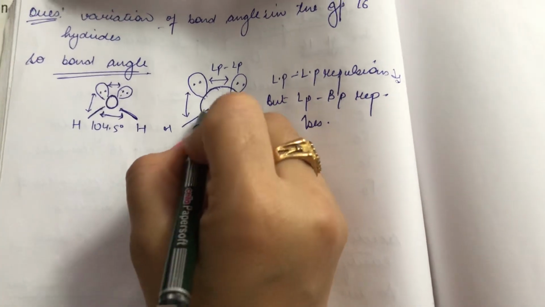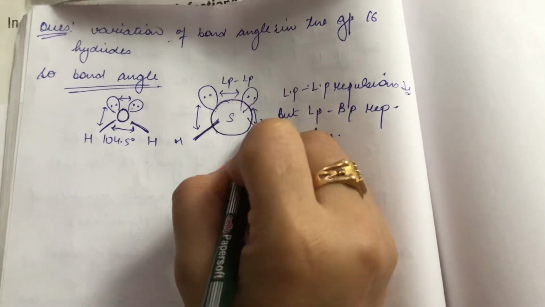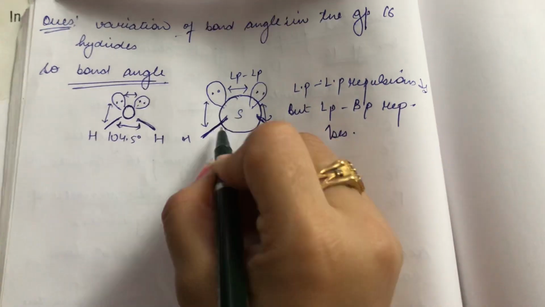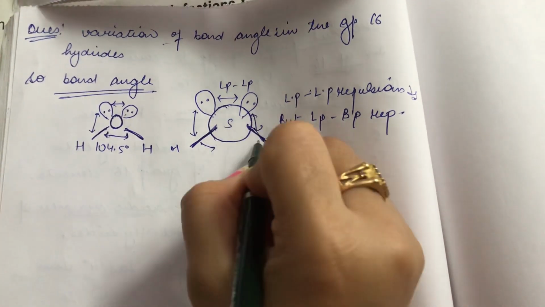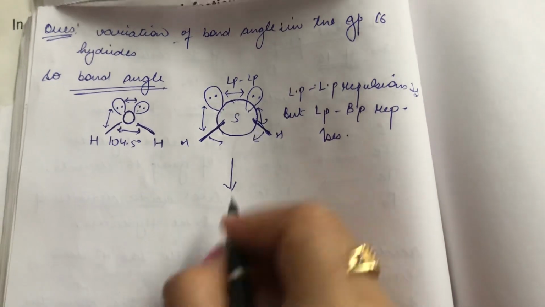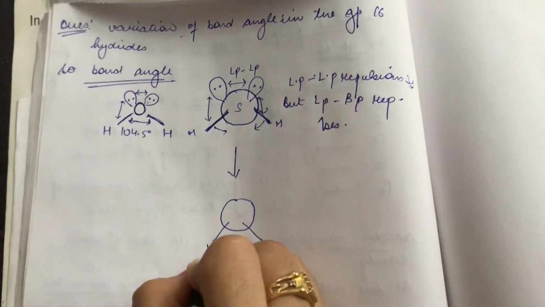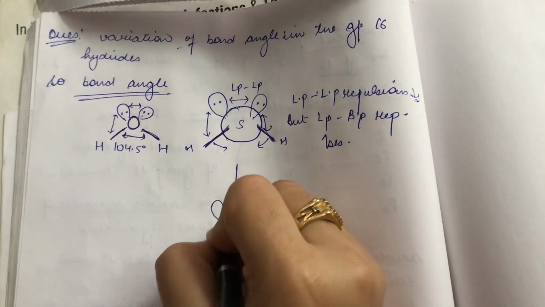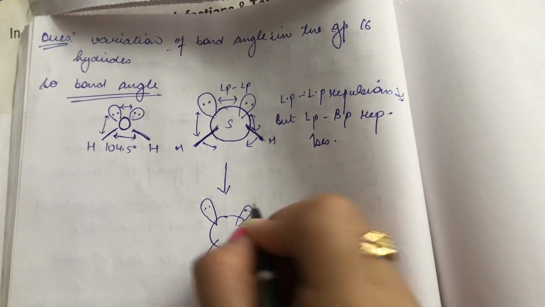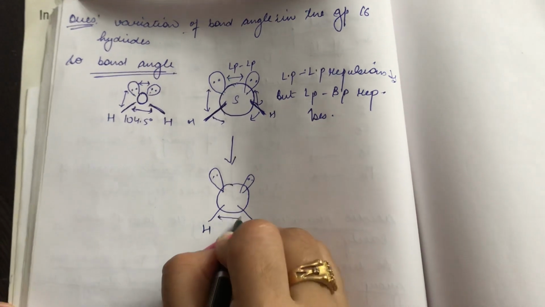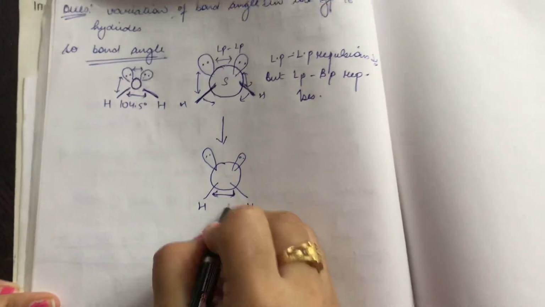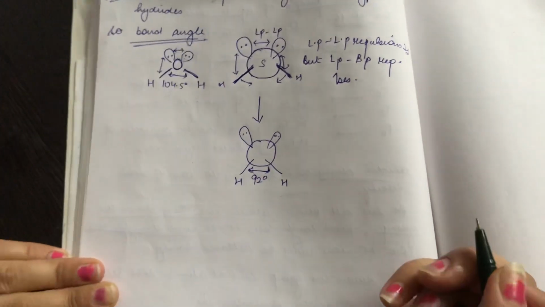Therefore these bond pair electrons shift, and bond angle decreases to 92 degree.